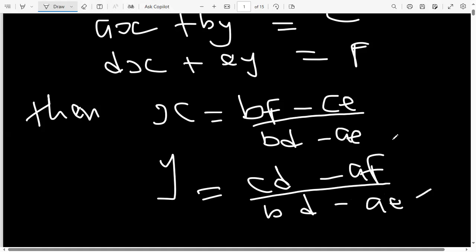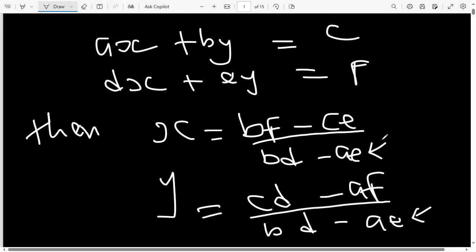So that's how you can master it. The denominator doesn't change. What changes is the numerator. For x, we have bf minus ce, and for y, we have cd minus af. For x, we multiply b with f, and c with e.